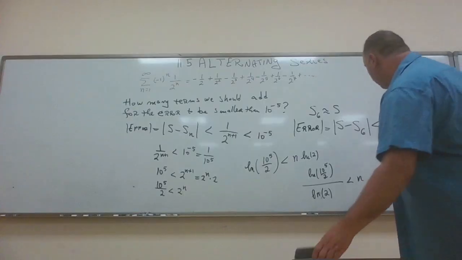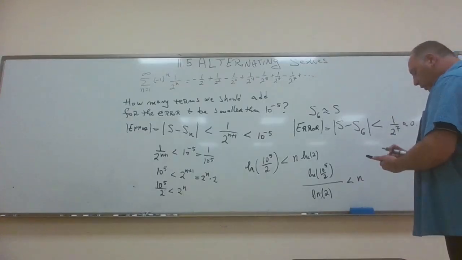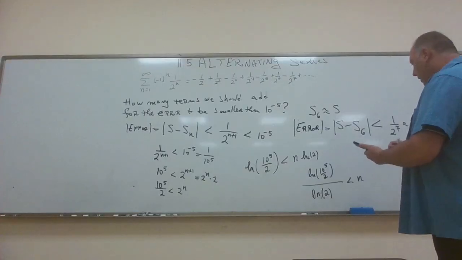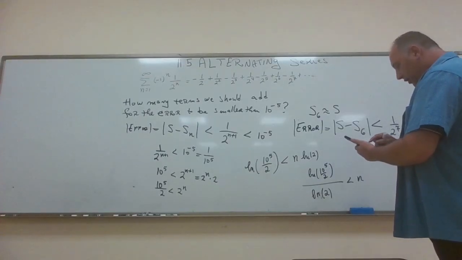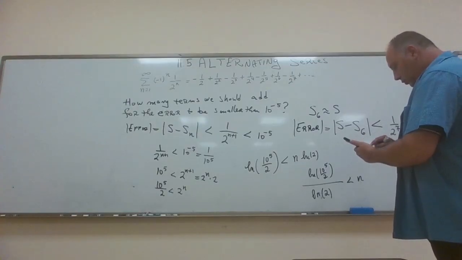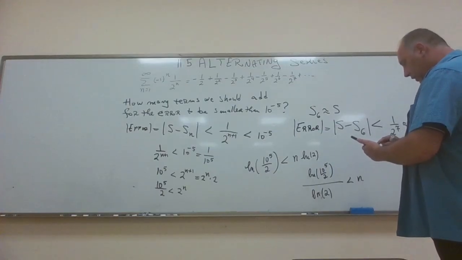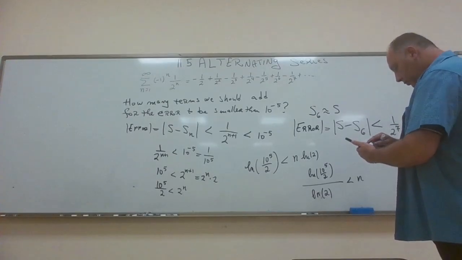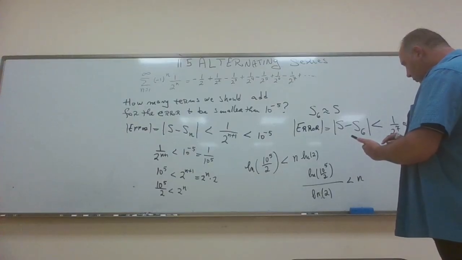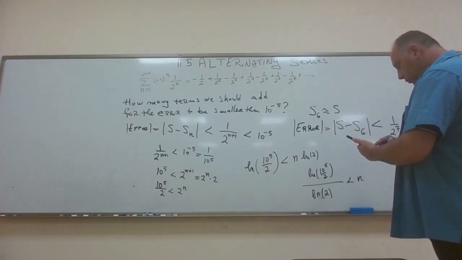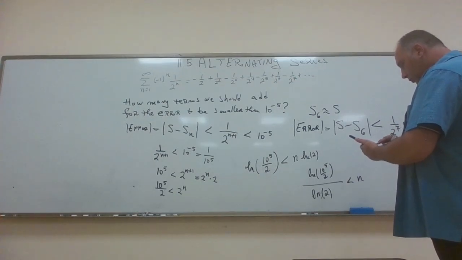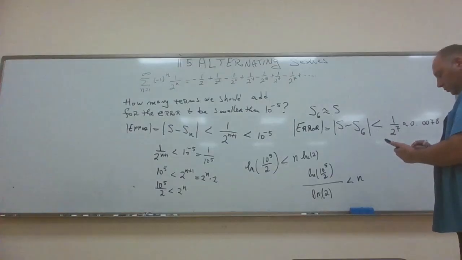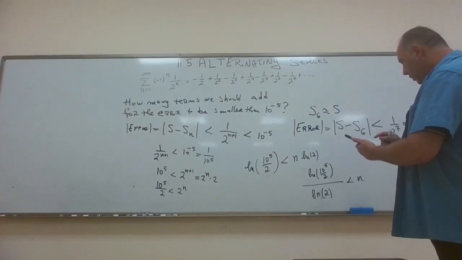So if I just compute quickly to see what's happening, I have 10 to the power 5, and then I divide it by 2 and then I take the log, and then I divide it by ln2.